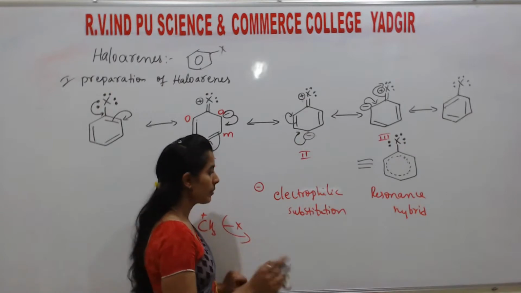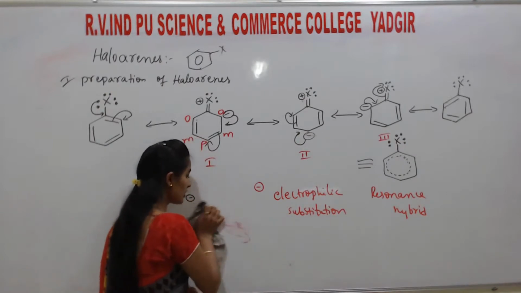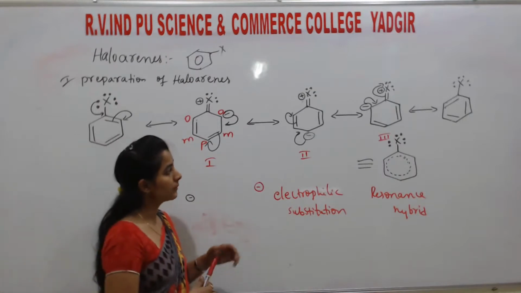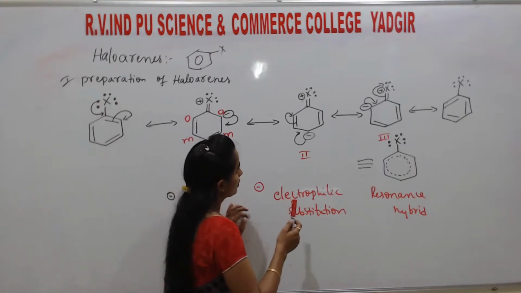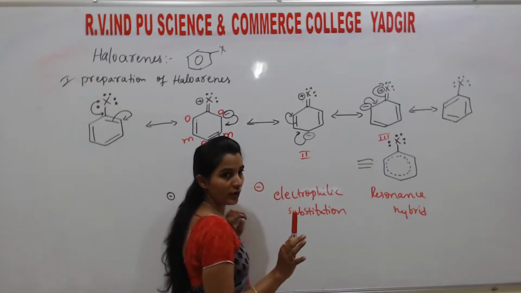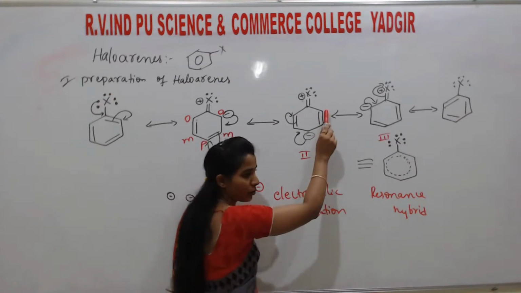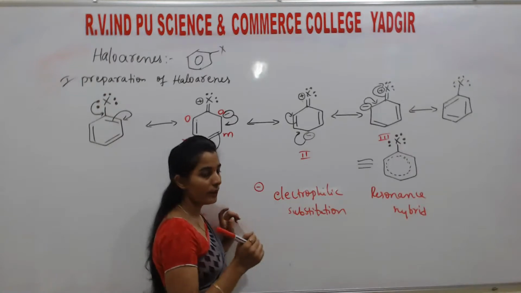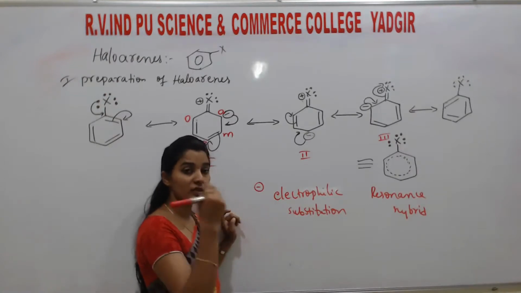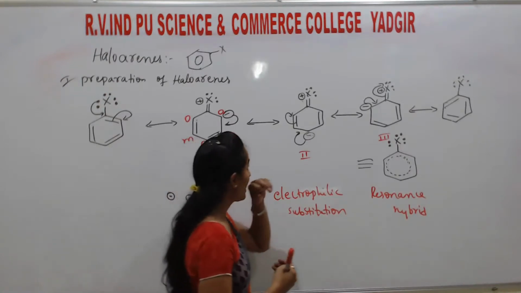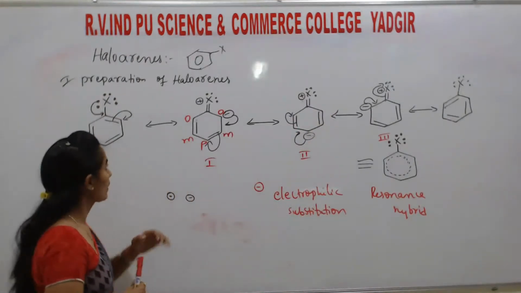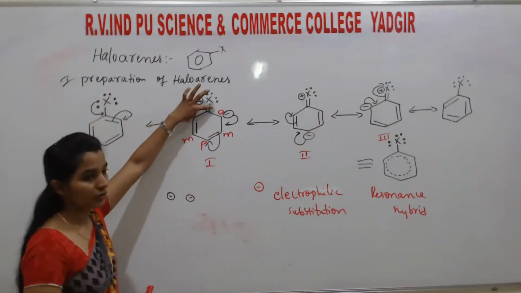And always remember one thing, ortho position is there, para position is there. So in that ortho and para position, whatever product is formed, either it is ortho product or para product or a mixture of both. And in that, which one is major and which one is minor? How many ortho positions are there? 2.